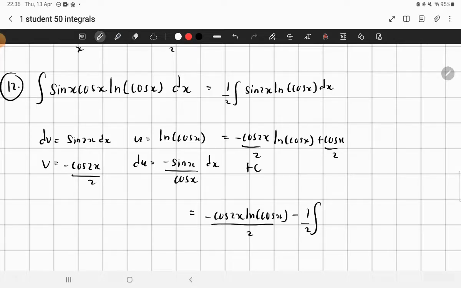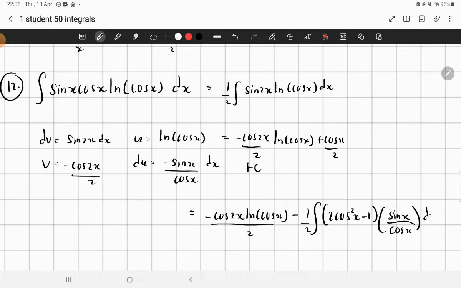So cosine of 2x, interestingly enough, I'll be using 2 cosine square x minus 1. Yeah, I'll do it like this.